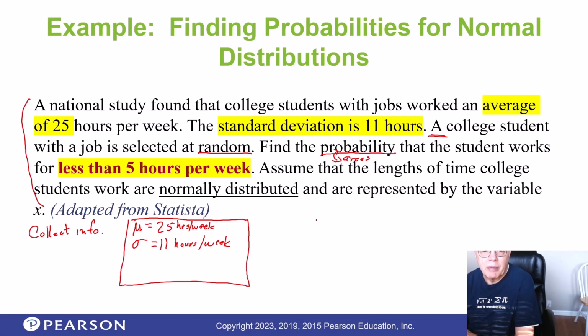We want the probability that that student has less than 5 hours per week. Now once I've got that, and I might actually put that in here, the probability that the x we get, that variable for him, will be less than 5. So everything is right there.